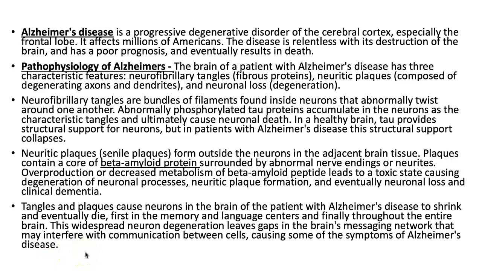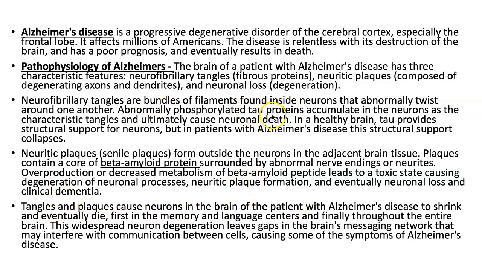Alzheimer's. I do want you to know that Alzheimer's actually has 2 causes, and they seem to occur simultaneously. In the brain, especially in the area of the brain for memory, the cerebral cortex, there are neurofibrillary tangles, and these are going to be due to tau proteins.